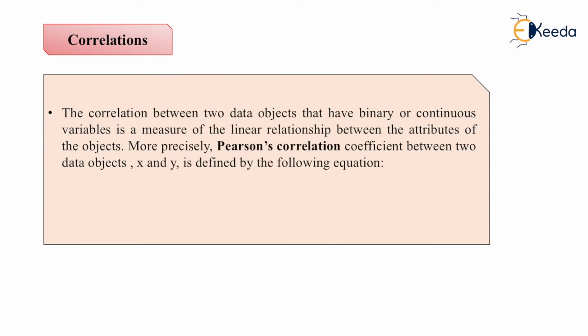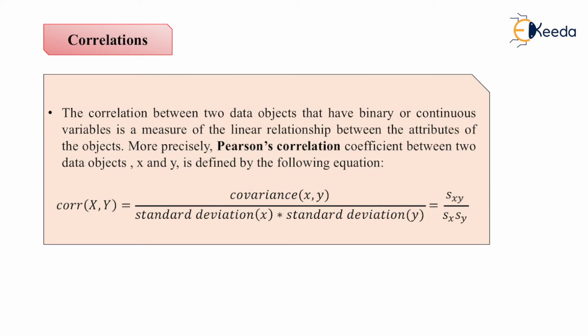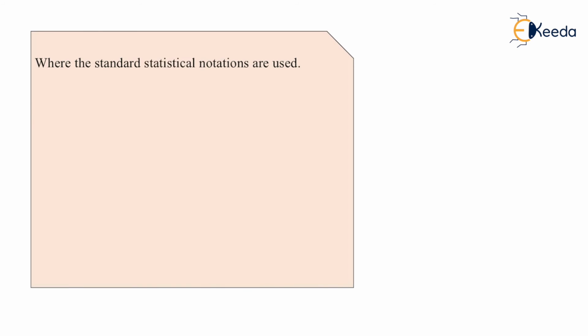One type of correlation is Pearson correlation, and we can calculate it with this formula: the covariance of x and y divided by the standard deviation of x times the standard deviation of y. Always remember this. So we can say s of x, y divided by s of x times s of y, where standard statistical notations are used.